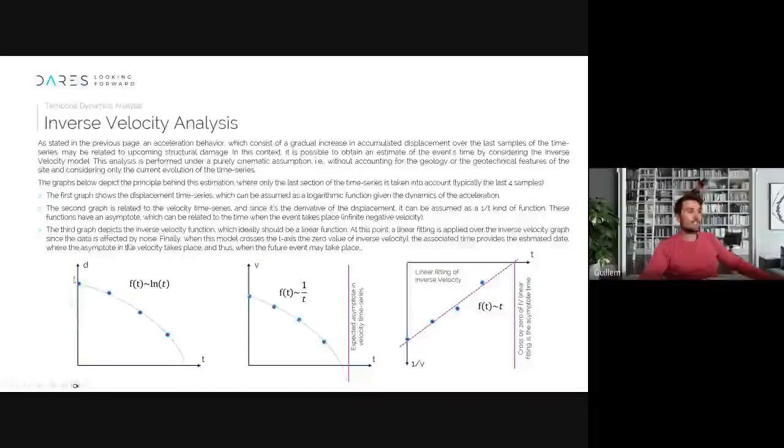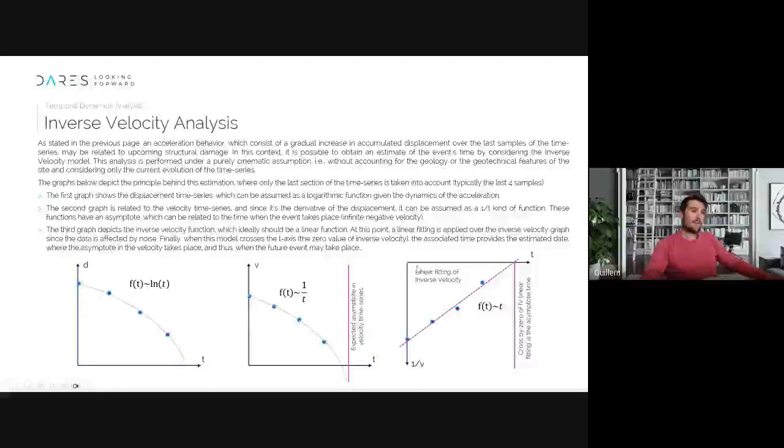What we are doing here is just assuming that if we have a velocity of displacement, it will increase following the same trend. So what we are getting is when this velocity of displacement will be infinite, or if we take the inverse of the velocity, when it will be zero. That is, when the acceleration will be so high that the terrain or the asset will fail.